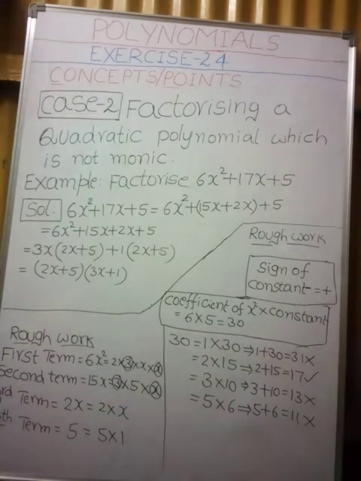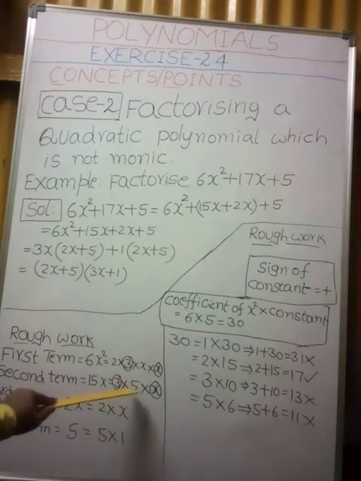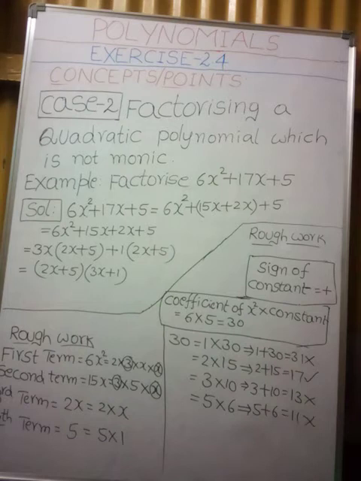For the second term, we wrote 3 factors. 3 is one factor, 5 is another factor, and x is another factor. Right. Now come to the third term, that is 2x. How can you write here? 2 into x. 2 is a prime number, so we can write 2 as it is into x. After that, last 5 can be written as 5 into 1. Understood this part, my dear children?